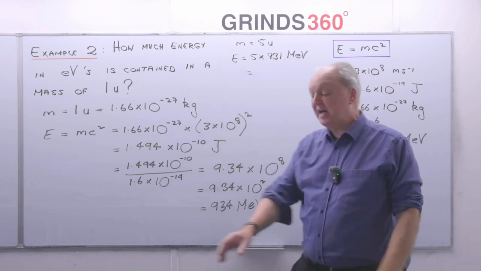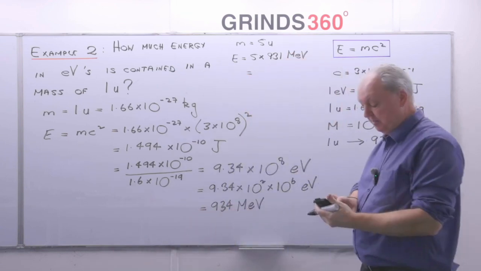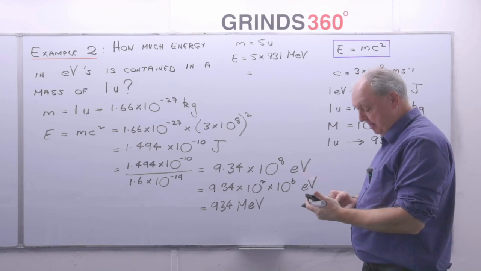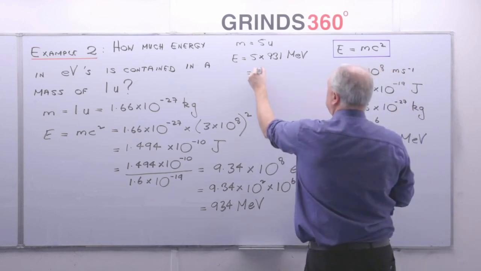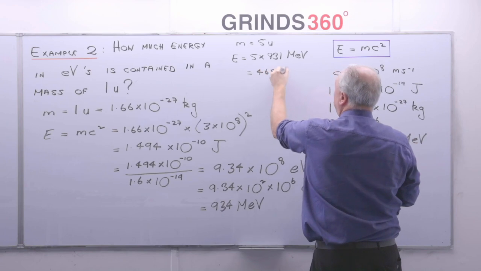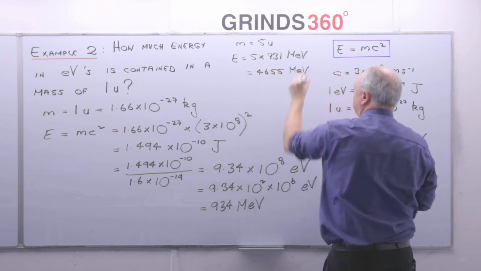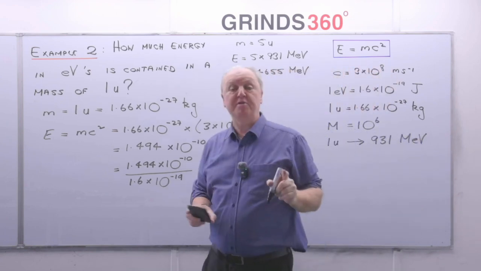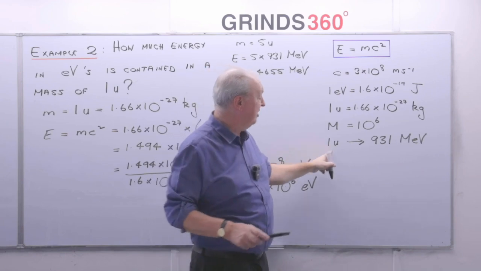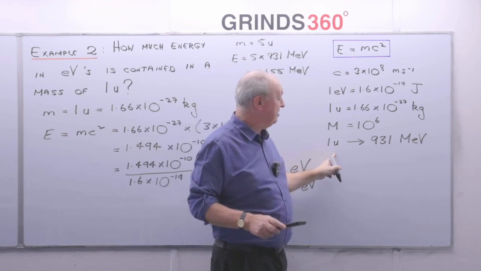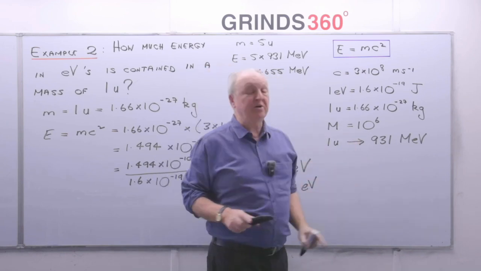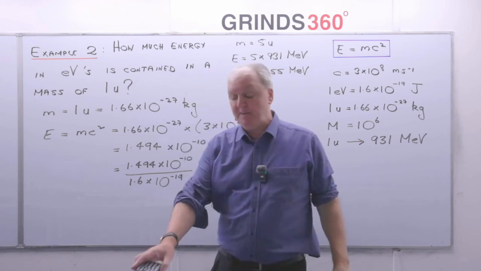So it's going to be 5 by 931. And I get 4,655 mega electron volts. So I'm going to sometimes use that important piece of information. 1 atomic mass unit, the amount of energy in it is 931 mega electron volts.